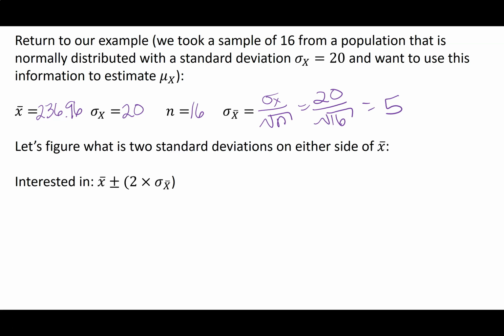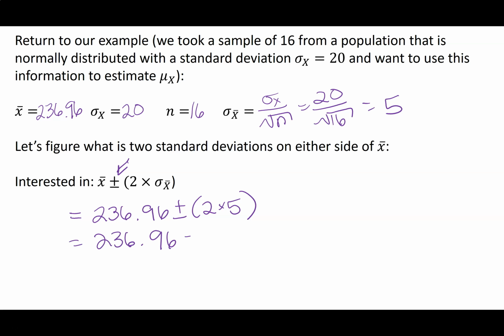We want to figure out what is 2 standard deviations to either side. This plus or minus means, here, we'll show you: 236.96 plus or minus 2 times 5. Well, that's nice, right? So I'm going to get 236.96 plus or minus 10.